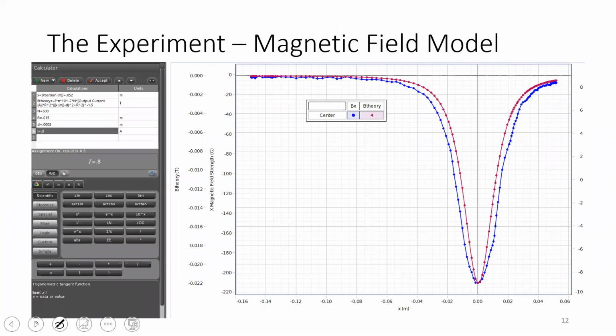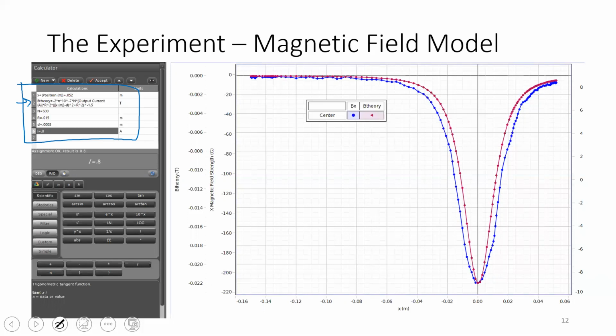So I said our final thing with our analysis was to do this computation where we're doing a magnetic field model. So your lab actually gives you what you would put in for these different things. We're using our theory for our magnetic field that actually matches with our coil.